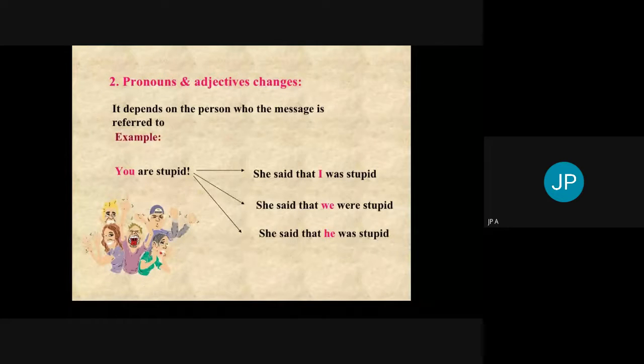Because what kind of a sentence is this? This is a question. We have to change that question into a statement when we make it into a reported speech. So the question becomes a statement.